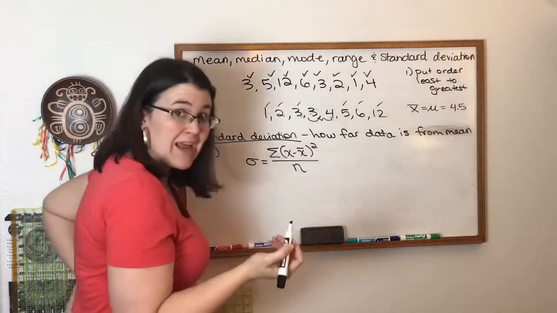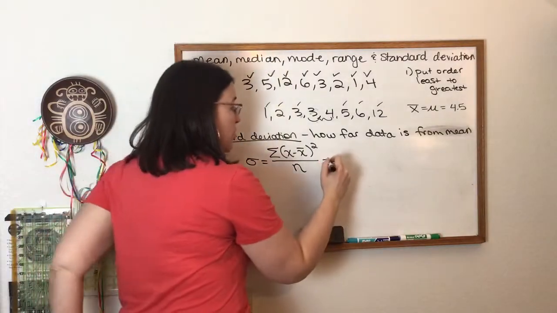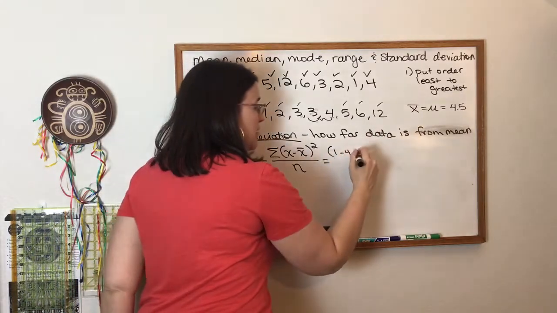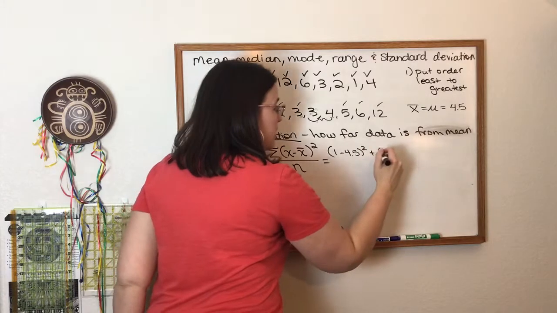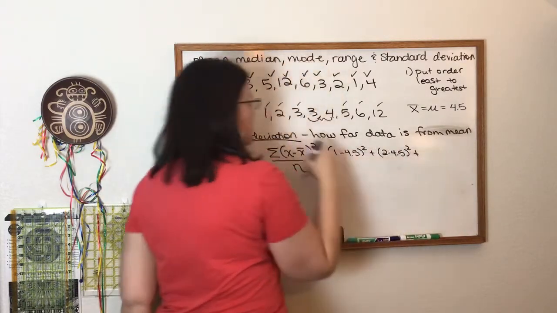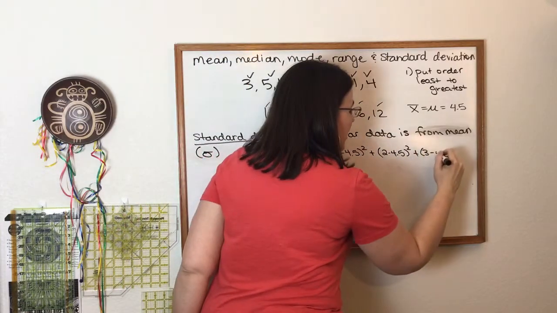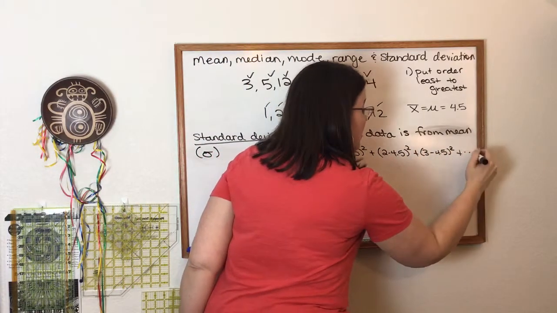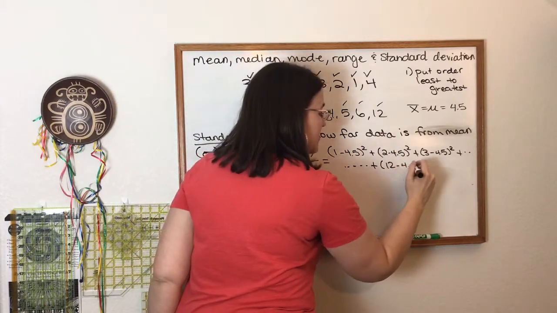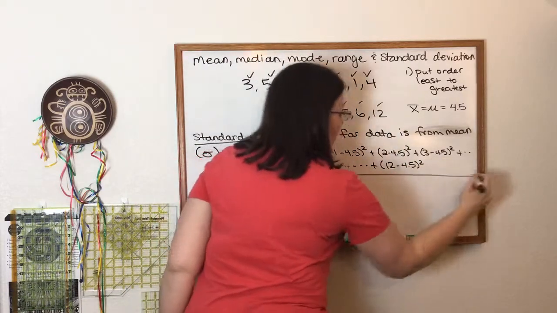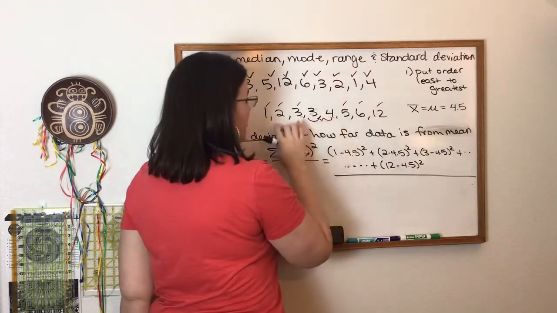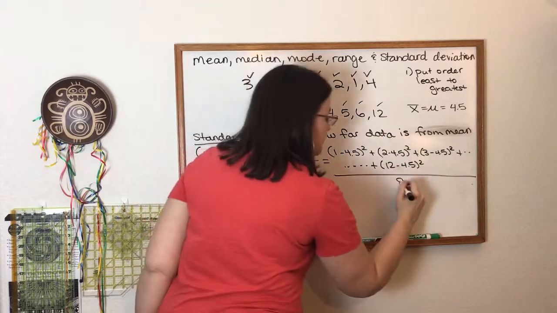Okay, now by hand, this is not that fun, because you have to take the first value minus the mean and then square it, plus the second value minus the mean and then square it, plus the third value minus the mean and then square it. And you continue that all the way up to the last value minus the mean, squared. You sum all of those together and then divide by your number of terms, which in this case for us was what, 3, 6, 8?